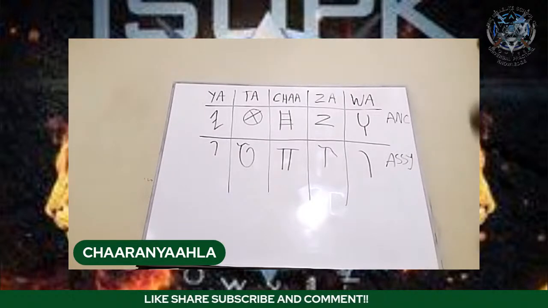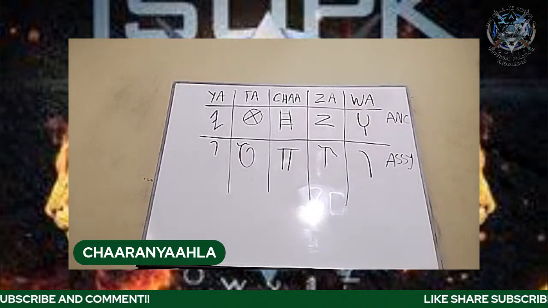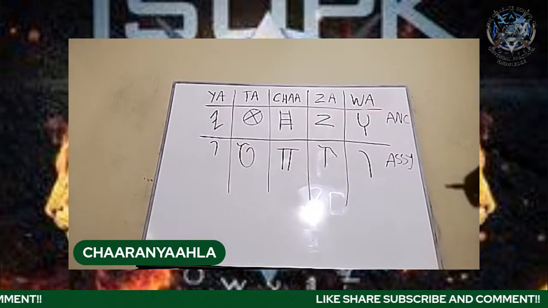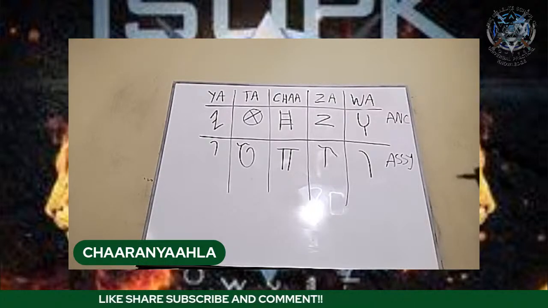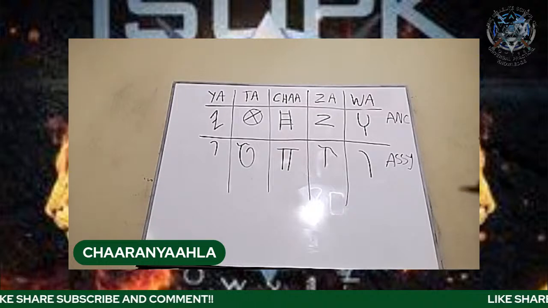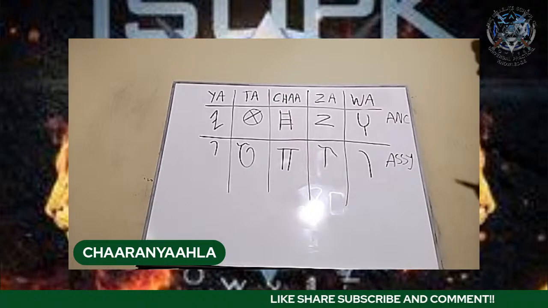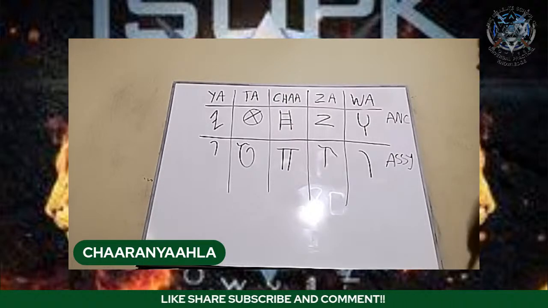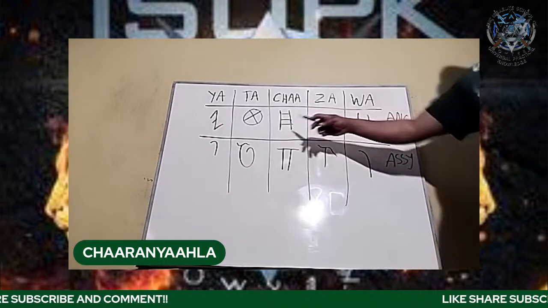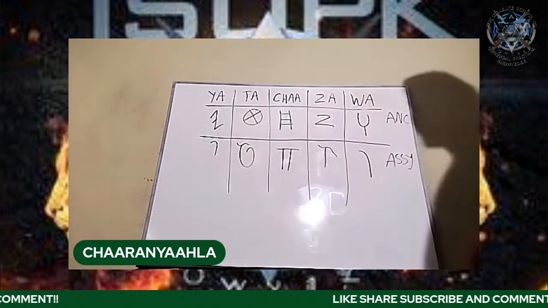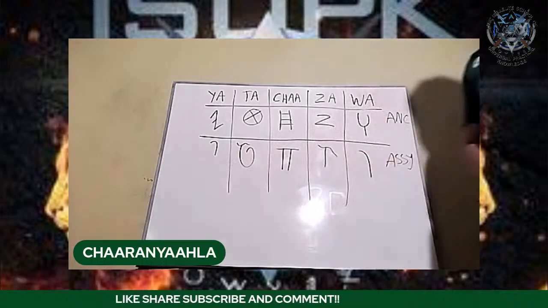Okay, next we have Wa, Za, Ka, Ta, Ya. Ka, not to be confused with Ka or more of a Ka character, but a Chaa. You understand? Ancient Hebrew or the Paleo Hebrew at the top: Wa, Za, Ka, Ta, Ya. Assyrian at the bottom: Wa, Za, Ka, Ta, Ya.